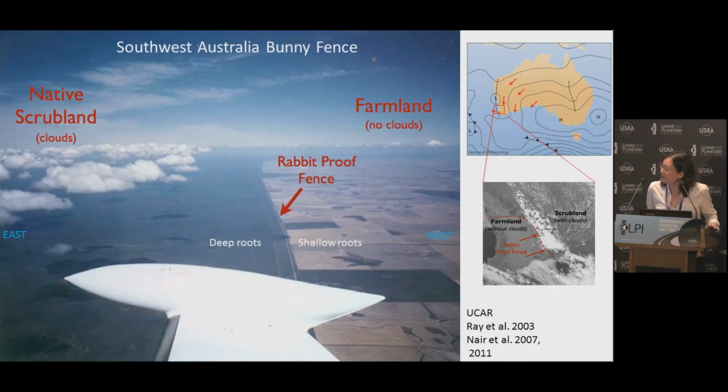So that's how the climate can constrain what ecosystems do, and some of their internal dynamics. But of course, for exoplanets we want to know locally how vegetation or ecosystems change the climate. Here's a nice example called the Australia Bunny Fence. This is in southwestern Australia, and you can see right away there are clouds over the natural vegetation and none over the cropland.